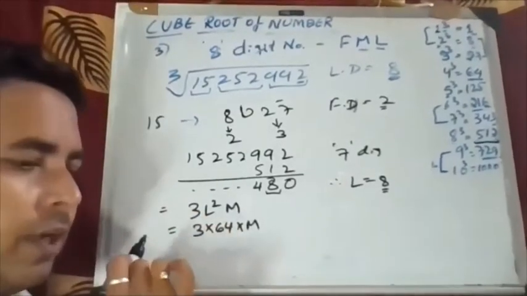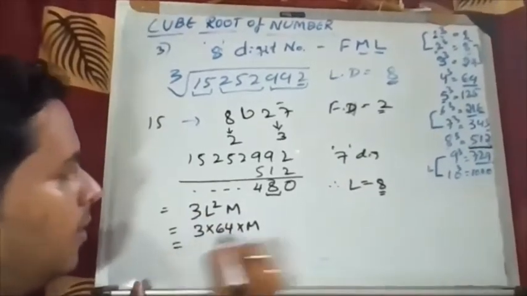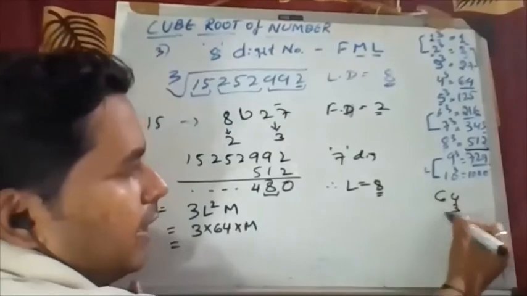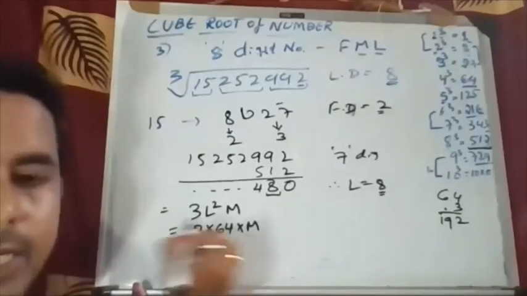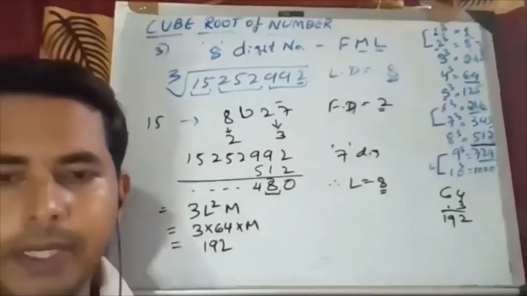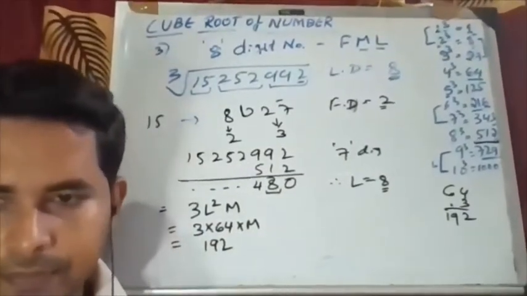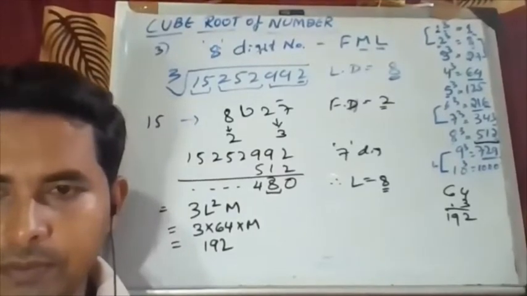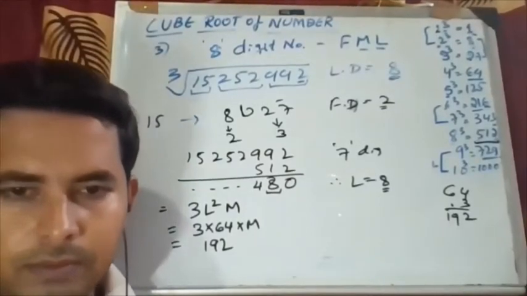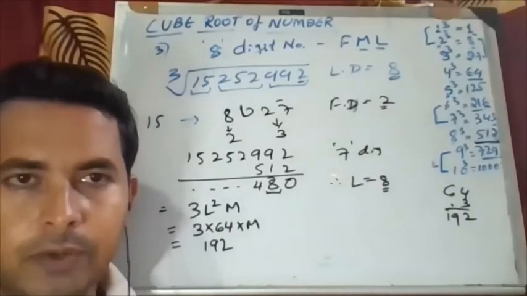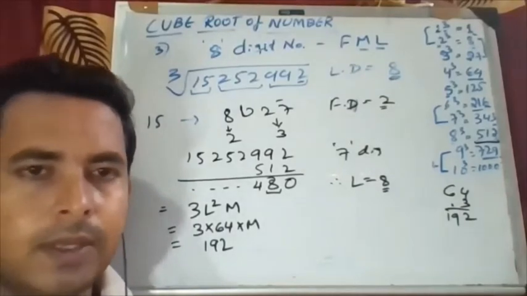And what is 64 into 3? That is 64 into 3, 192. Okay, so 192 you have to consider. Next, what you have to do?